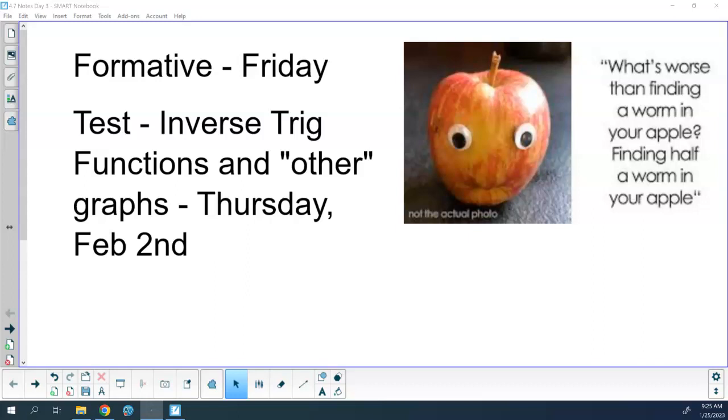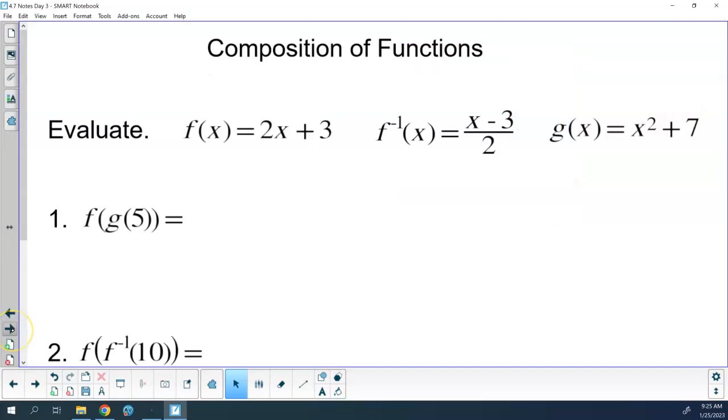What we're going to be doing today is looking at composition of functions. Now, you've done algebraic composition of functions because you had to get through algebra 2 in order to get to where you're at right now. So we've got some functions up there.